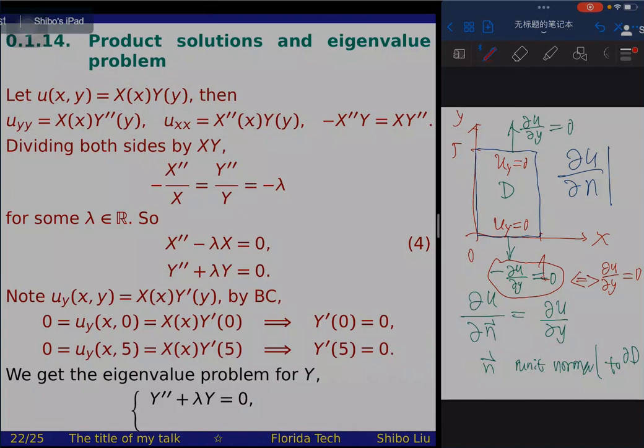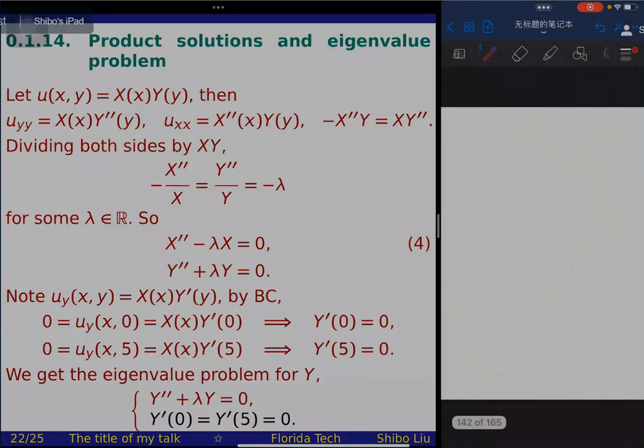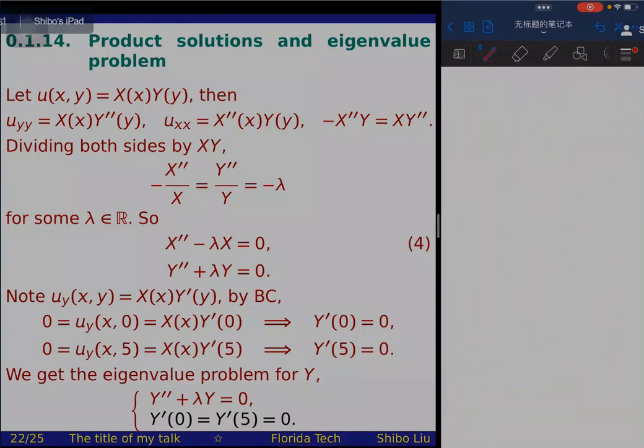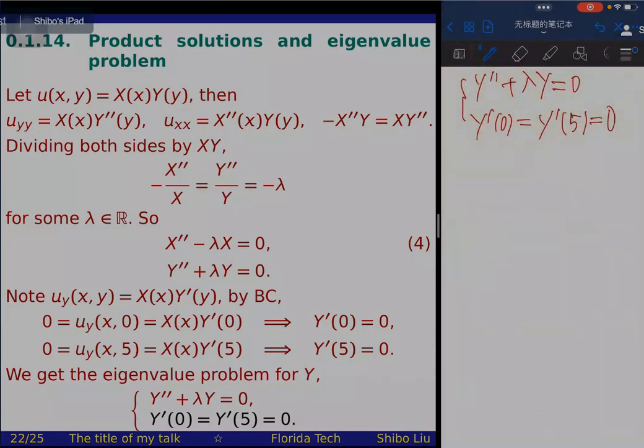This is the ODE for Y, and the boundary condition for Y is Y prime 0 equals Y prime 5 equals 0. Okay, so let me write this here. Y double prime plus lambda Y is 0. Y prime 0 equals Y prime 5 equals 0.